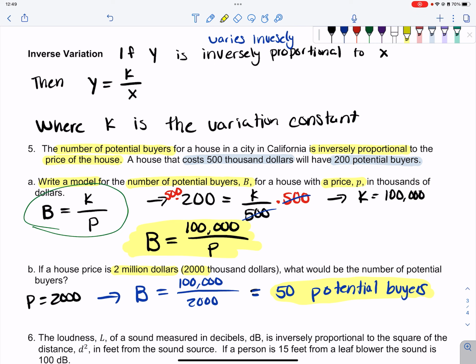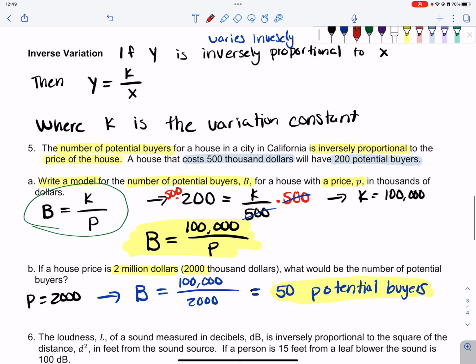When we started with the house that cost $500,000, it had 200 potential buyers. Now if we look at a different house that costs $2 million, the number of buyers should be less. And that's what we got. We got a smaller amount of buyers because the cost went up.